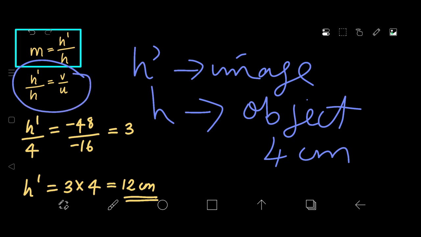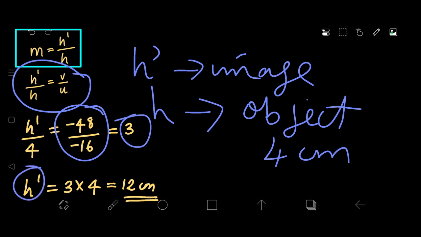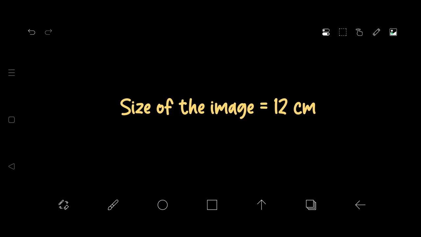Then h dash by 4. Value of h is 4. And the value of image distance is negative 48 and object distance is negative 16. Then minus 48 by minus 16 we will get 3. Then h dash is equal to 3 into 4, that is equal to 12 centimeter. Size of the image is 12 centimeter.